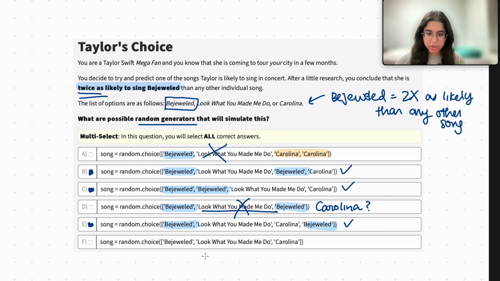And then finally, for answer choice F, Bejeweled occurs only once. This means we are equally likely to pick any song within this list of 3 songs.